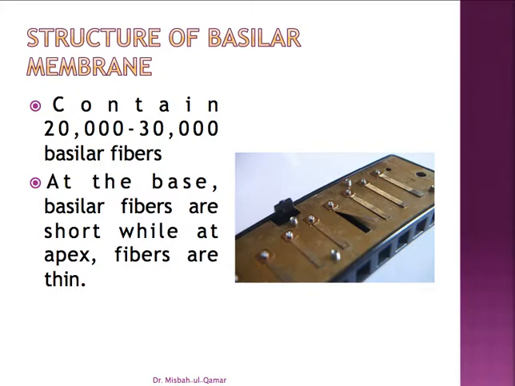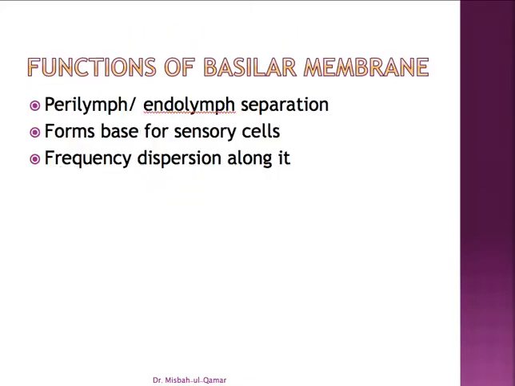So this is how the CNS comes to know what kind of frequency has been heard by the ear, only by knowing which part of the basilar membrane has been stimulated. So this is how the basilar membrane is important in hearing.